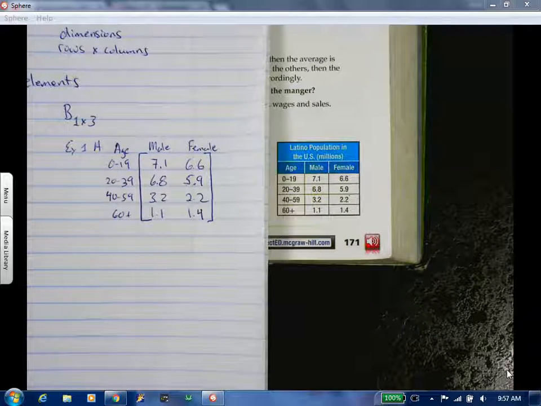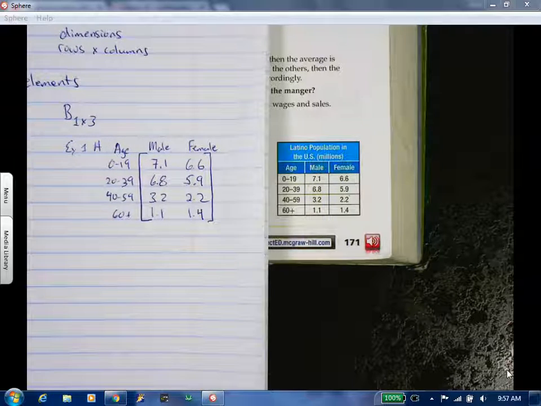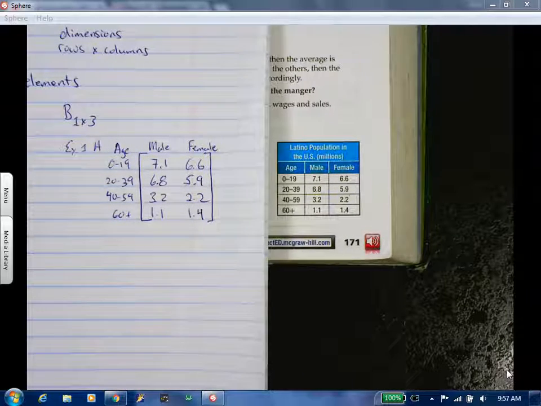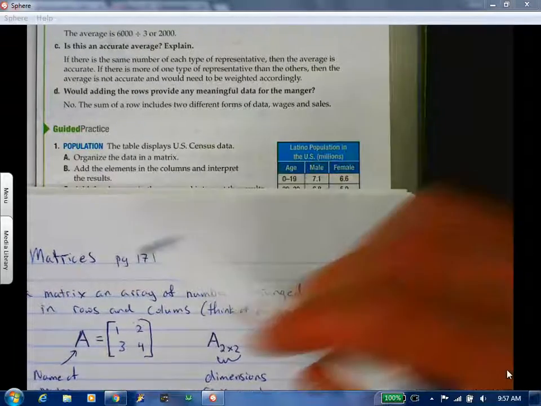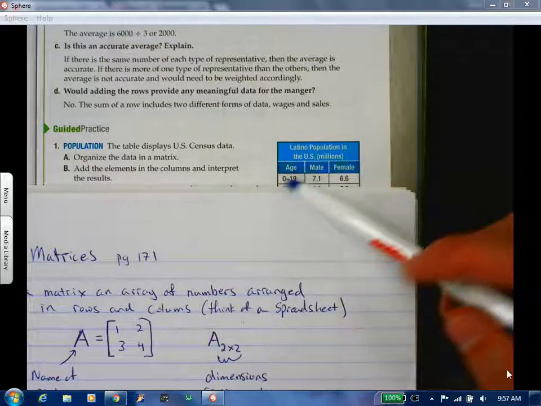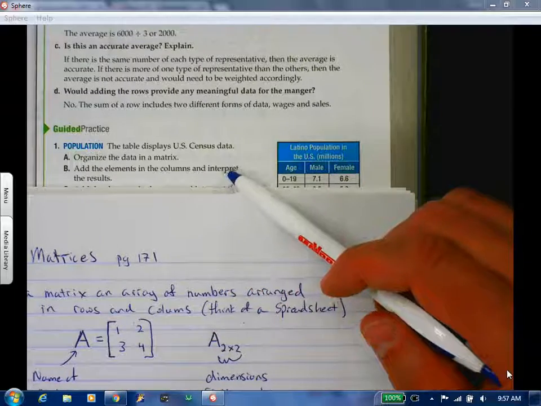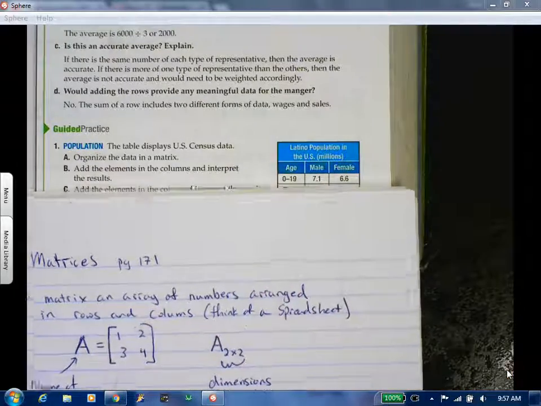This lesson will be about using matrices, and about basic operations with matrices, which are addition and subtraction basically, and then what we call scalar multiplication. The next question says add the elements in the columns and interpret the results. The big thing there is interpreting the results.